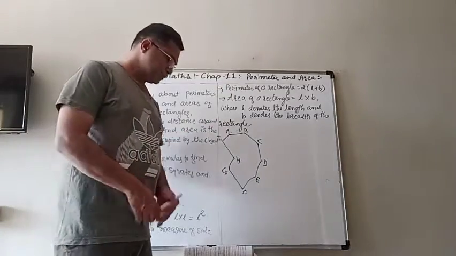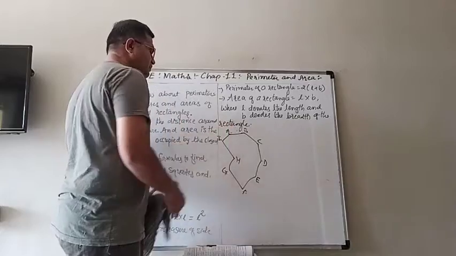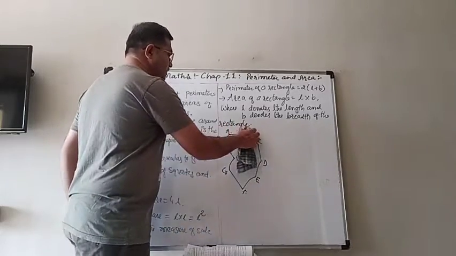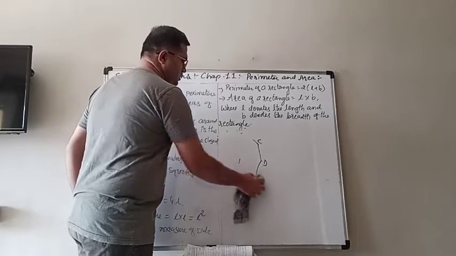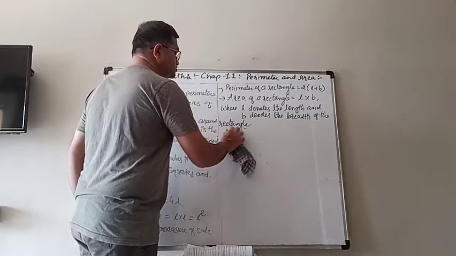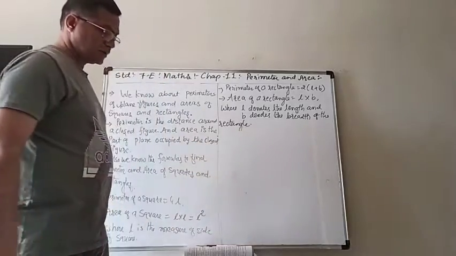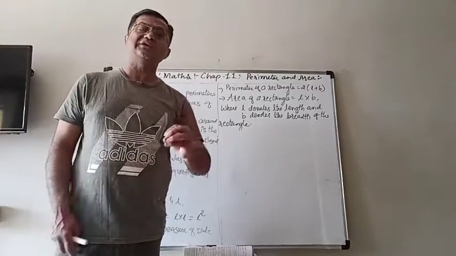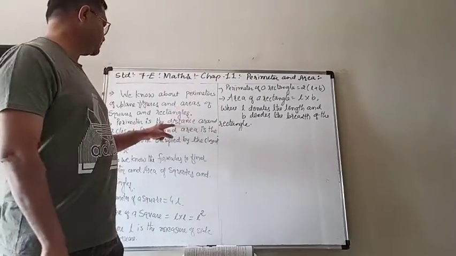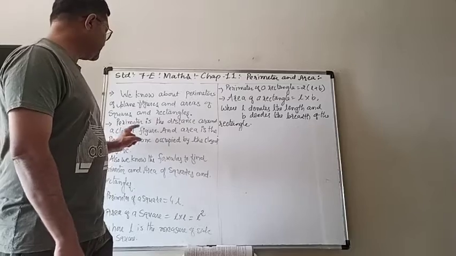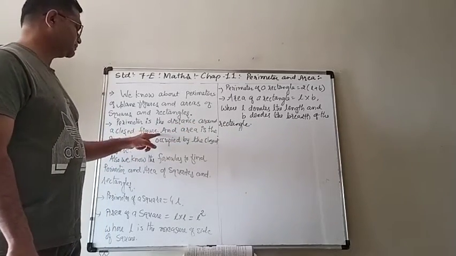So that total length of the path from A to A again is known as the perimeter of the given closed figure. Perimeter means the length of the boundary of the closed figure, or the distance around a closed figure.